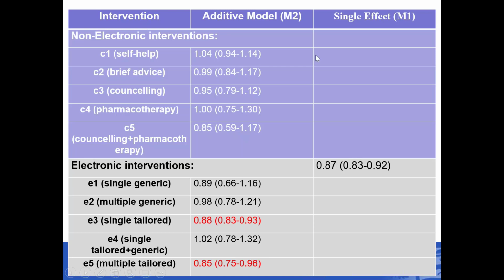These are the results from fitting the single effect model 1, where we see that electronic components compared to control seem to be effective. This is an odds ratio.